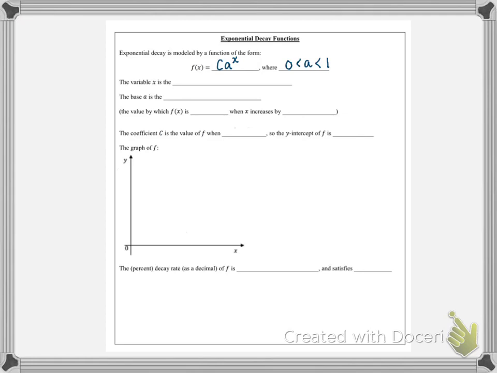What makes this decay is that we're multiplying by a number less than 1, so it's like we're taking a third of something and then a third of that and a third of that, which makes it smaller and smaller and smaller. Again, all of this is the same. My variable is the exponent, which again corresponds to the time period associated with the change.